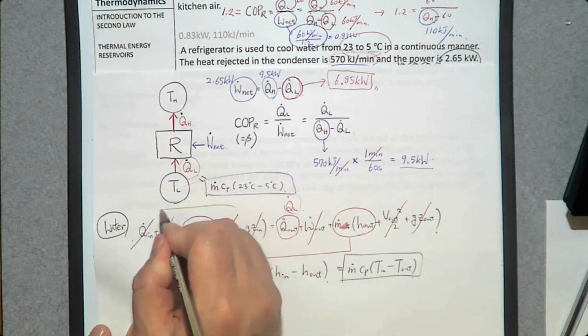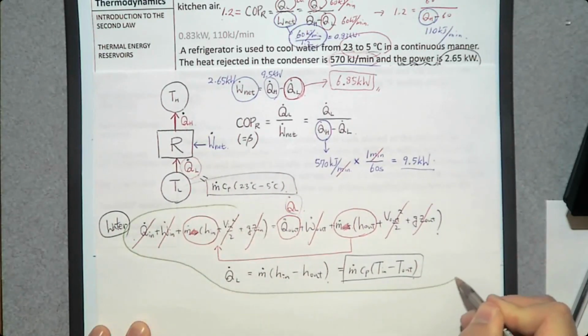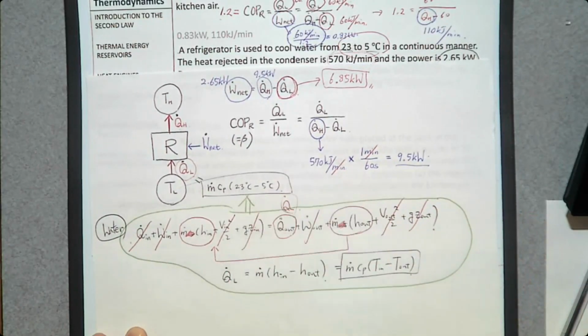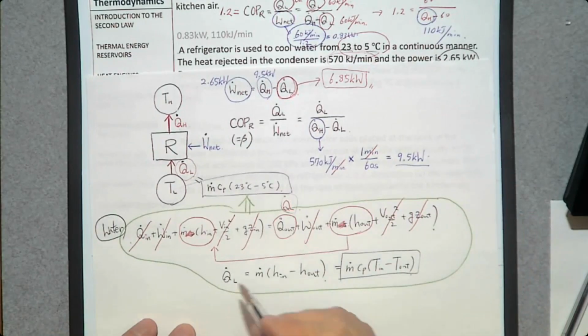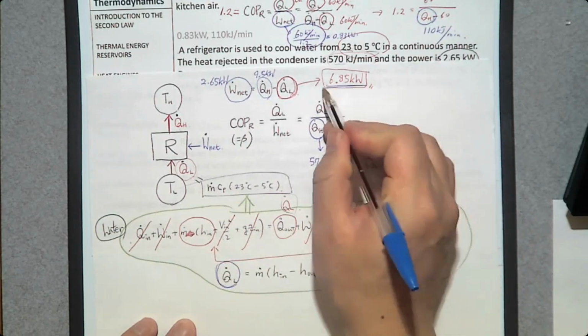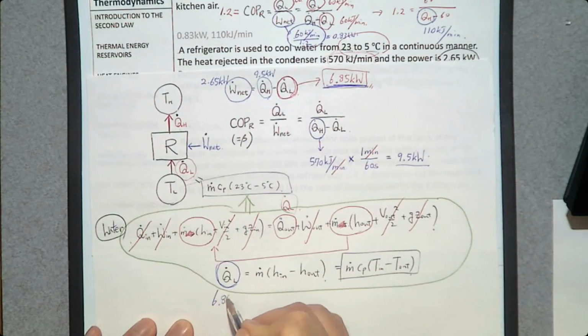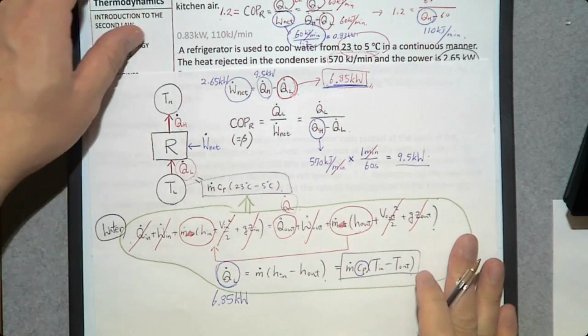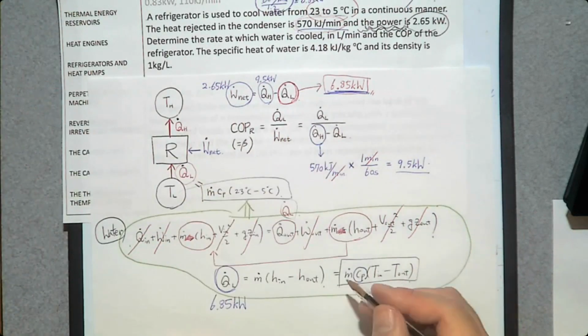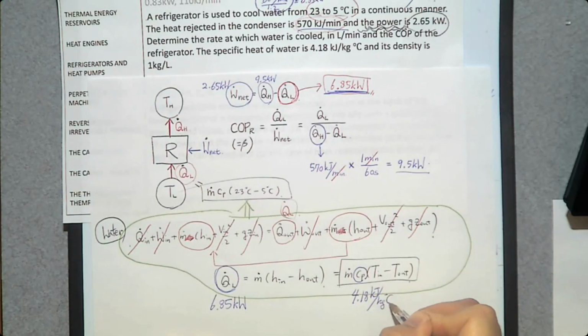So we can use this energy balance equation for this water system in the refrigerated space to get this equation. Then the rate of heat transfer is 6.85 kilowatt, and specific heat is given, 4.18 kilojoule per kilogram degree Celsius.